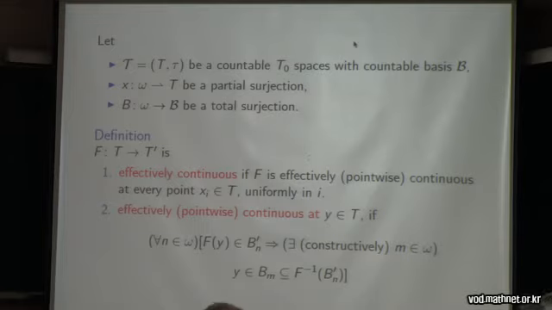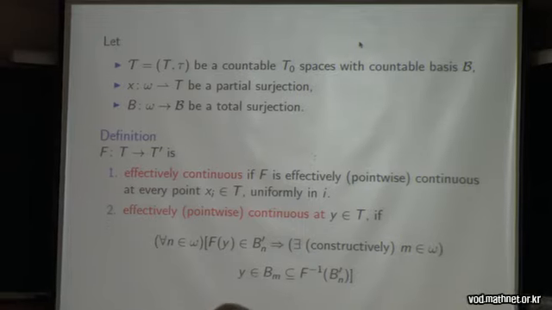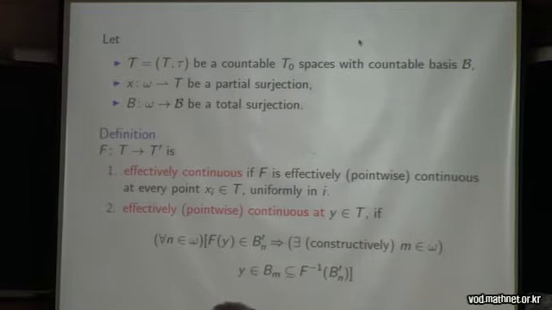Now, effective means that we can compute the index of this basic open set, that we can really get hold of it. And uniformly means that we have a program that, given n, computes such an m. Here we mean that we have a general procedure that first takes in n, then gives out a program which does this job.